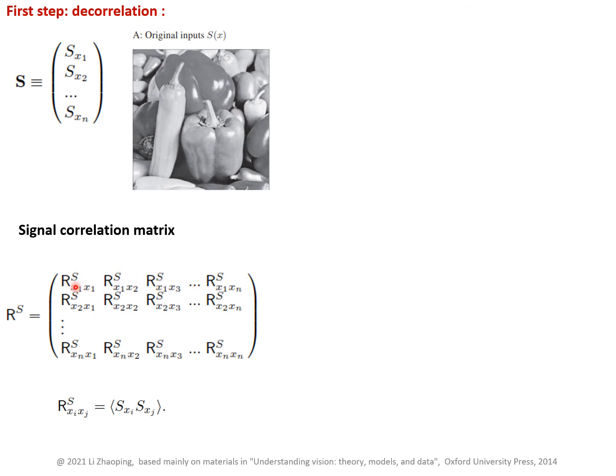The first item is the self-correlation. The second row is the second pixel, x2, with every other pixel. And so on. The last row is the last image pixel. The diagonal elements, you notice, are the self-correlations between each pixel and itself.